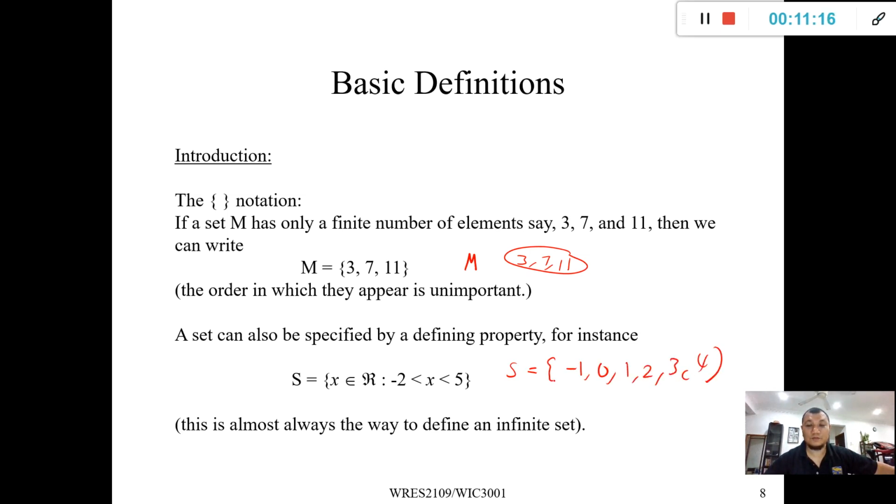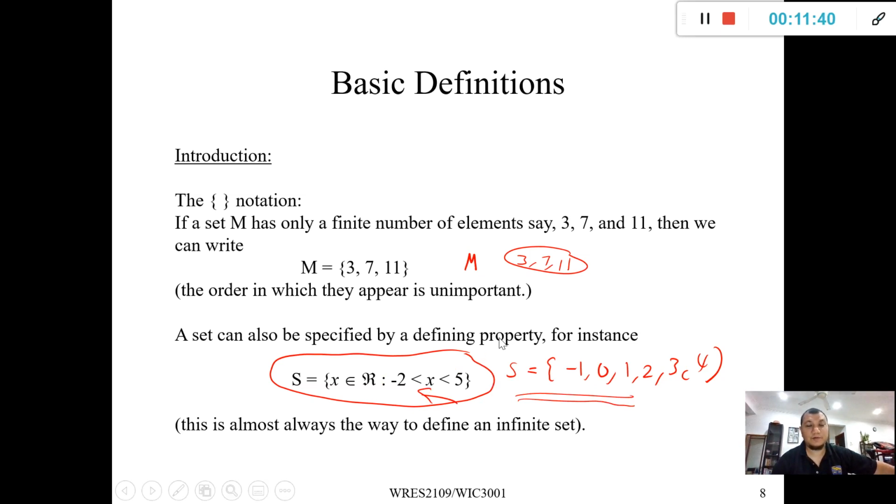Sorry. So this is basically S. This is almost the way to define an infinite set. This is what academics or mathematicians like you to express, but this is the real or absolute answer for that.